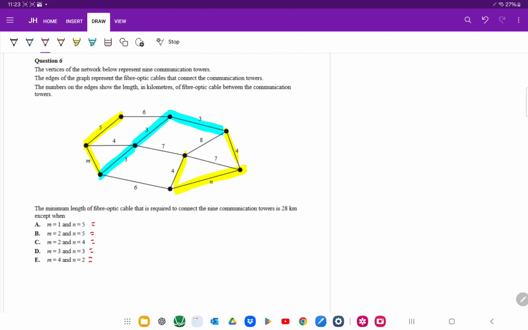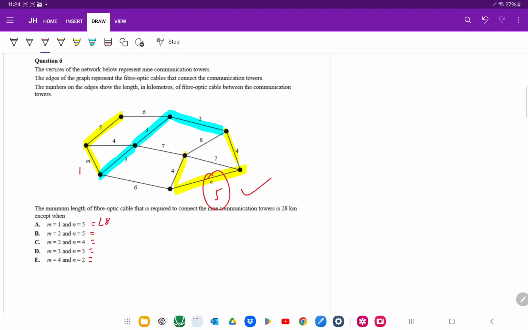So if m equals 1 and n equals 5, in this case, we still can use n as a possible path. So 5, 6, 12, 15, 19, 24, 28. So that gives us 28.